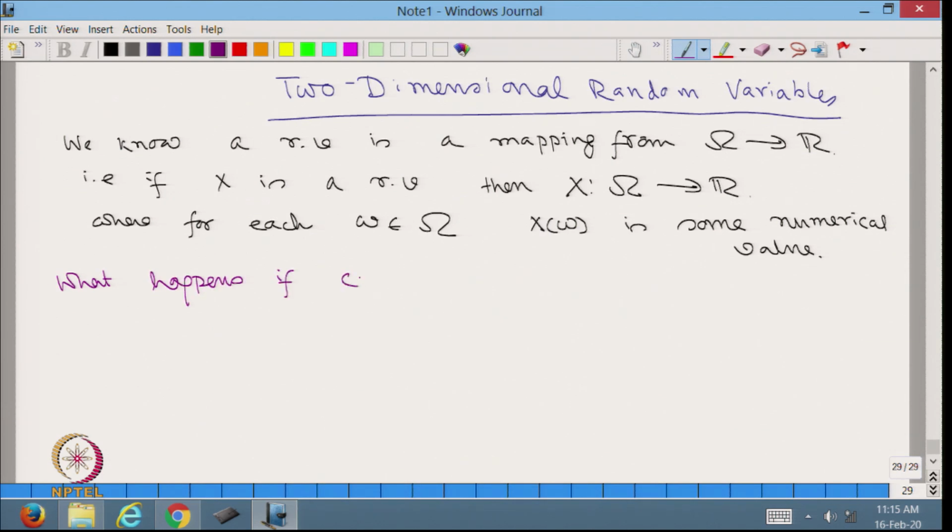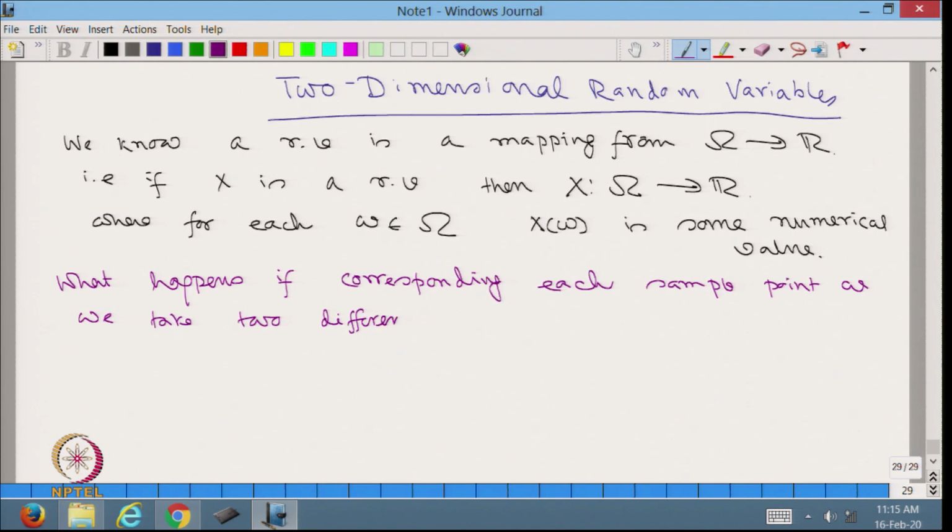What happens if corresponding to each sample point omega we take two different numerical measurements?